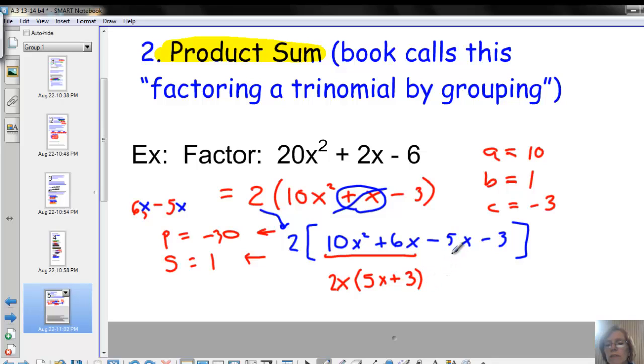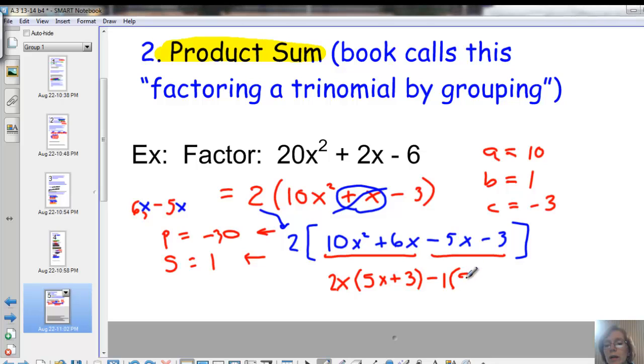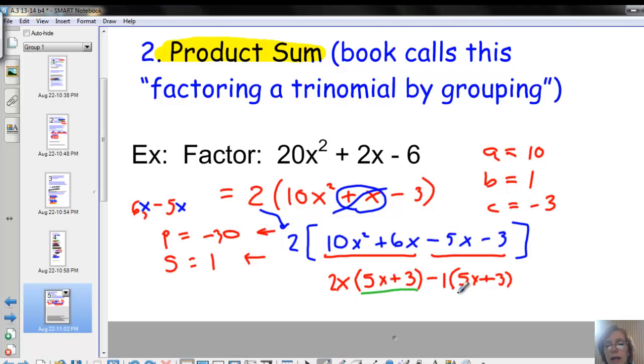And what can we factor out of the -5x minus 3? I think just a -1. We do need to write -1, and then we'll have 5x plus 3. We have the same thing in parentheses here, and that's great. That's what we want. So we can factor that out in front.